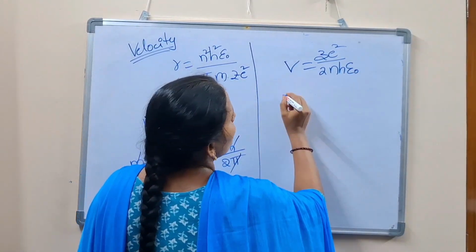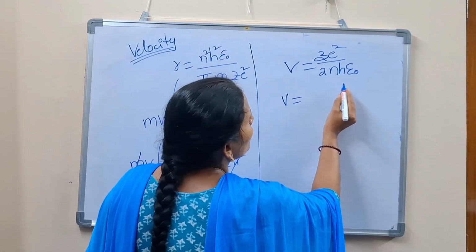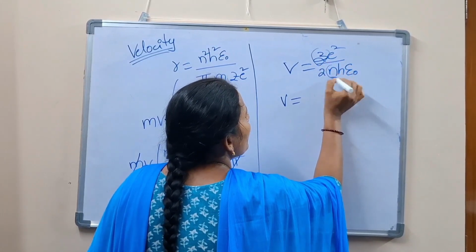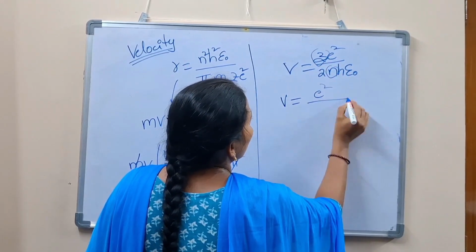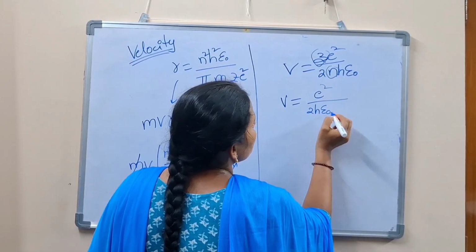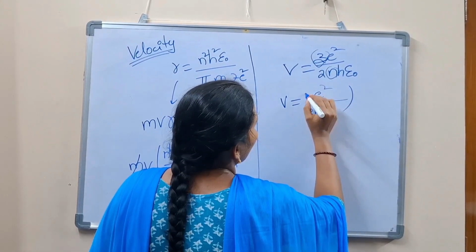From this, V equals e square by 2 h epsilon naught, in brackets, Z by n. Here Z and n are variables.